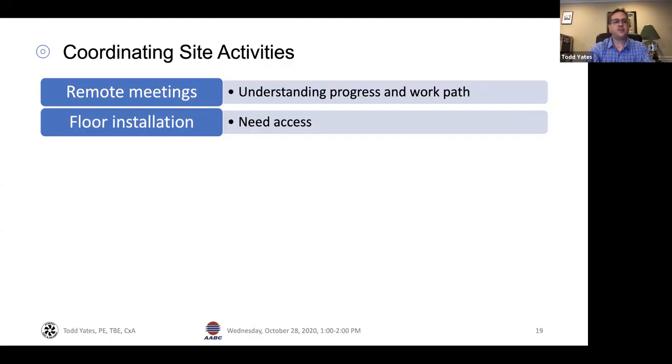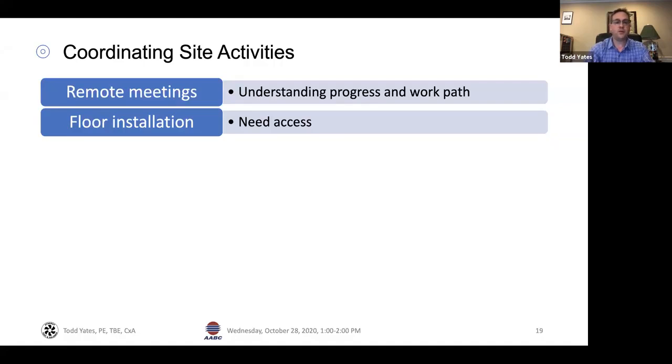Floor installation is one common thing that we see that's overlooked, and this goes back to sequencing and scheduling somewhat. But it has to be coordinated. It's not uncommon to have a project where they call us to do the test and balance, and they're putting in a terrazzo floor or putting down an epoxy floor. It's right in the area where we have to be.